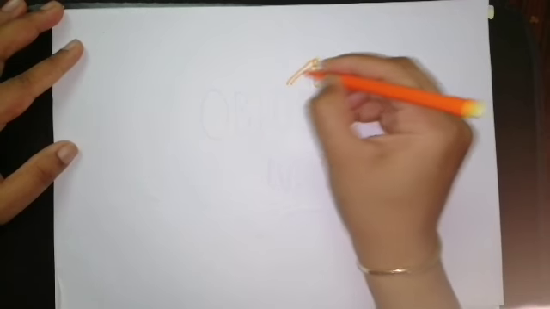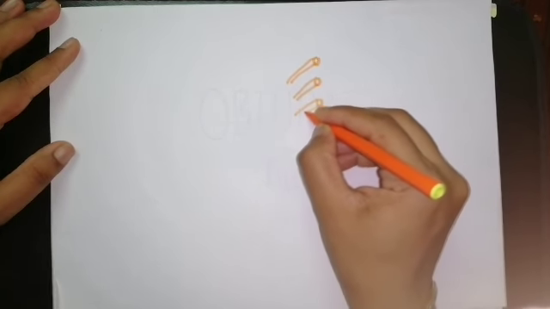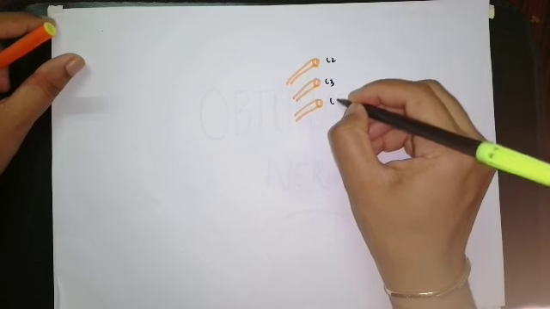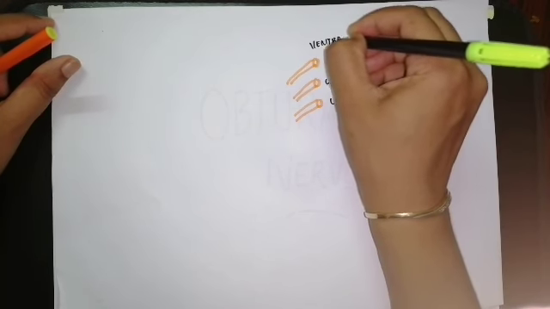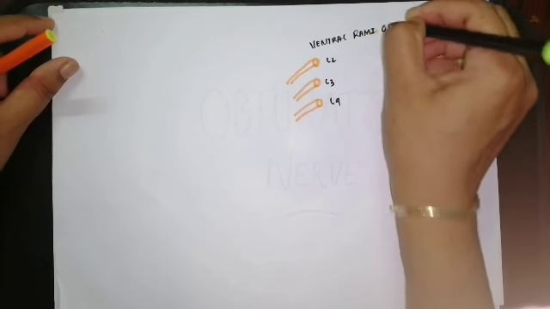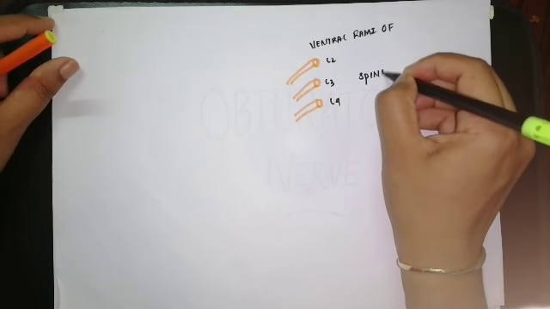What you see here are the ventral rami of L2, L3 and L4 spinal nerves.